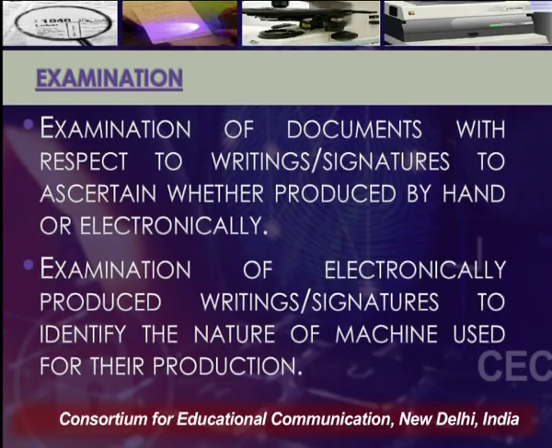The second type of cases which we encounter is the examination of electronically produced writing or signatures to identify the nature of the machine used for their production. As we said, various types of computer printers are available, broadly classified into impact and non-impact printers.